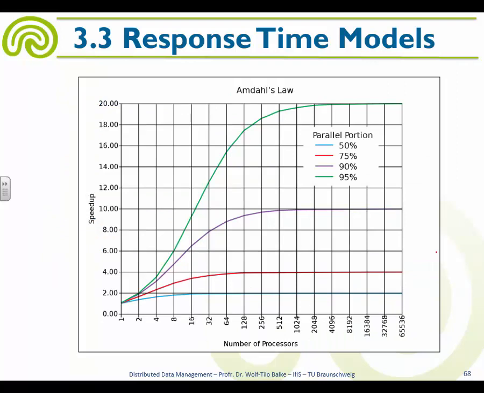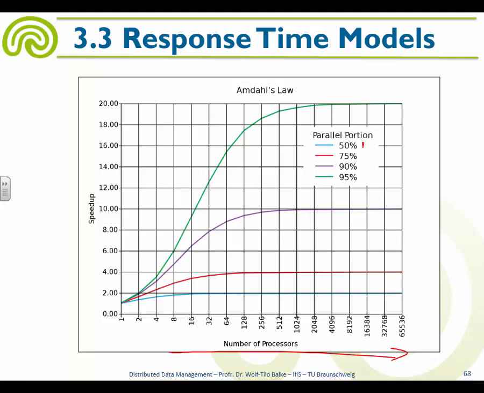So, to give you an impression of Amdahl's law, here is the number of processors, more and more processors that can all do individual threads, and then you have the speed up factors. I have programs, or queries if you want, with different parallel portions, right?